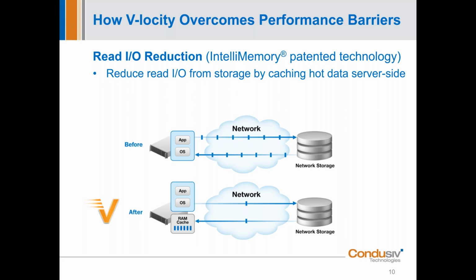When you consider that server-side RAM is roughly 10 times faster than a lot of SSD storage solutions, you can see how that would also be beneficial to the performance of the workloads that you're running in those Windows VMs. It gets requested data to the applications more quickly, and at the same time, your storage layer is working less hard because it has fewer read I/Os to deal with.